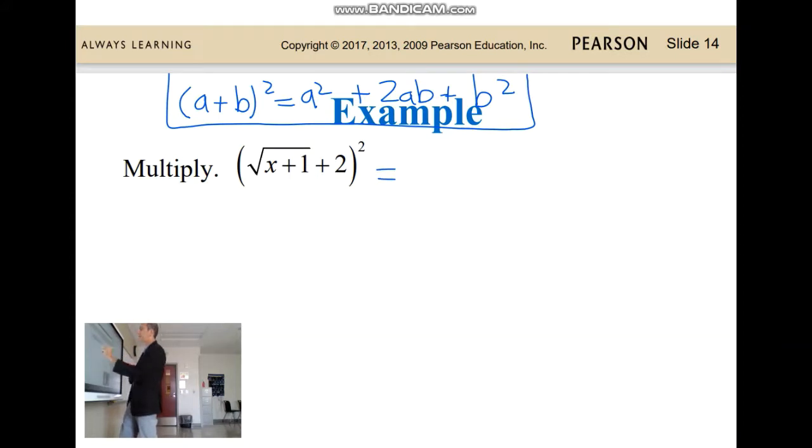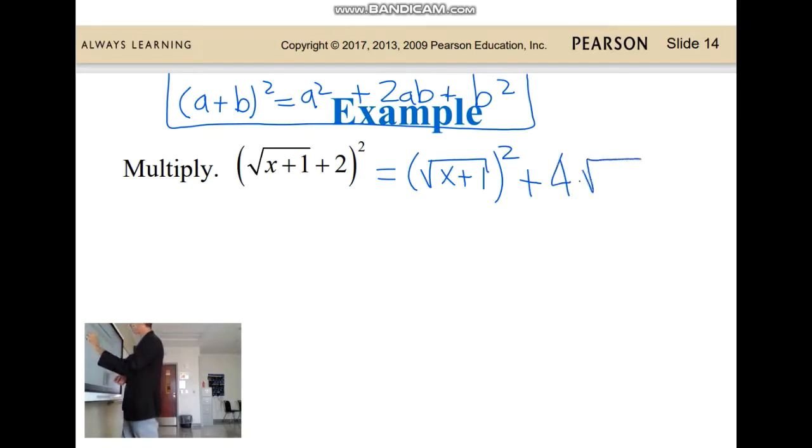So a squared is, and I will do it step by step, square root of x plus 1 squared, plus 2 times b, 2 times 2, 4, times a, square root of x plus 1, plus b squared, and b squared is 2 squared, 4.